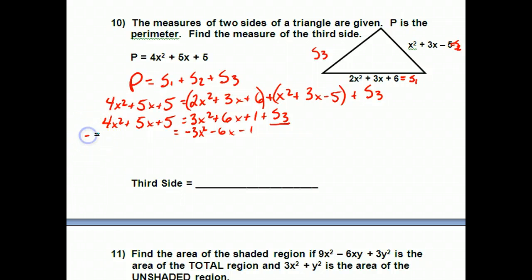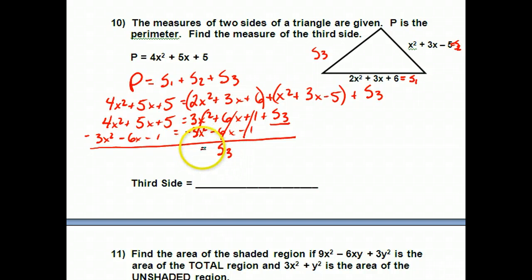So on this side, the 3x squareds cancel out. 3 minus 3x squared gives me 0x squared. Let's draw a little line here. The plus 6 minus 6 gives me 0, and the plus 1 minus 1 is 0. So all I'm left with on that side is the third side.